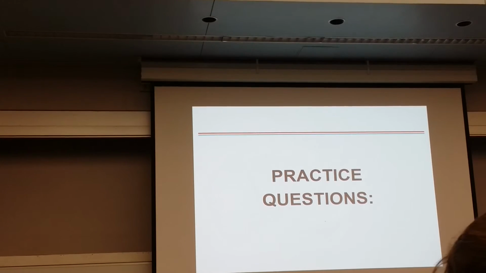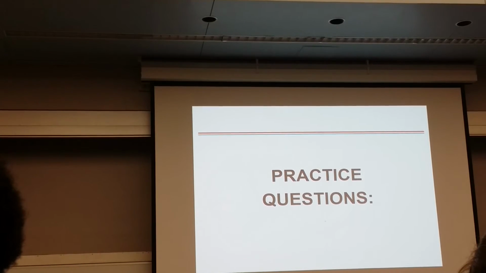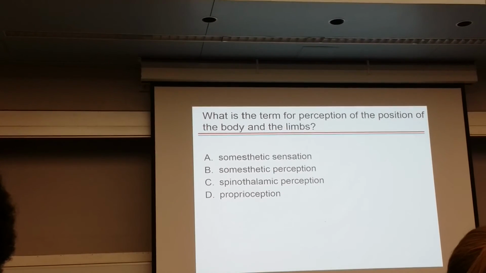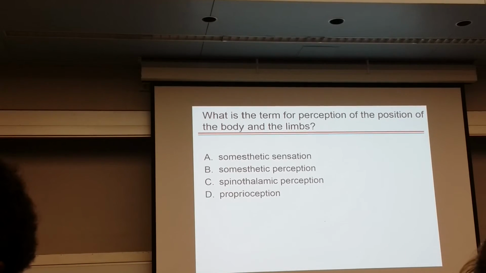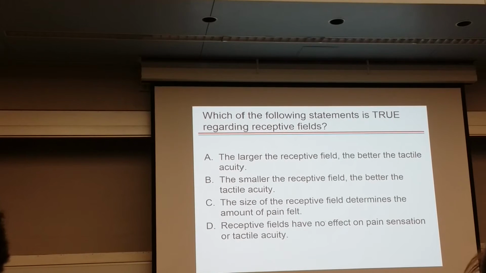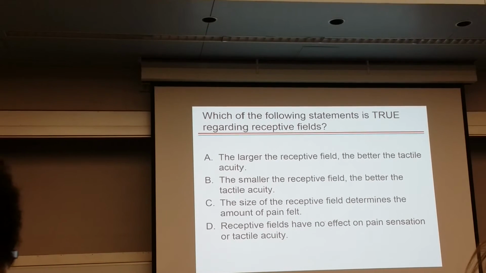All right, let's do this question. There's just a couple, and they're not going to be in your exam, so take all the pictures you want. What is the term for perception of position and body? This is something that anybody can answer, right? Proprioception, correct? Next. Think a little bit.